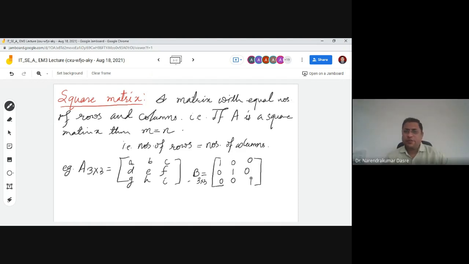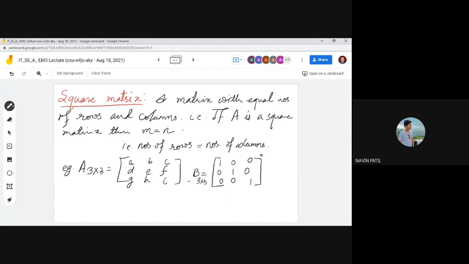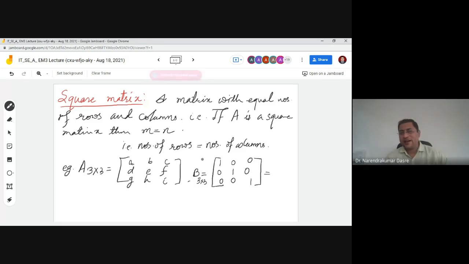Can I say that this is a unity matrix? Yes. So we got 4 concepts here. This is a diagonal matrix, this is a scalar matrix, and this is a unity matrix because the diagonal elements are 1.